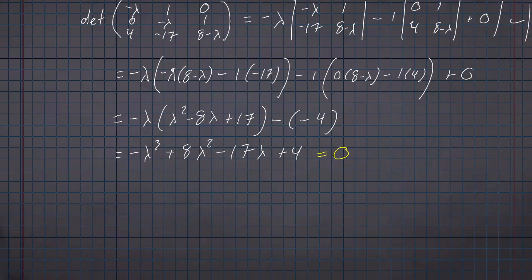4 cubed is 64. 4 squared is 16. 8 times 16 is 128. 17 times 4 is 68. So we have negative 64 plus 128, which is positive 64. Minus 68 is negative 4, plus 4 is 0.